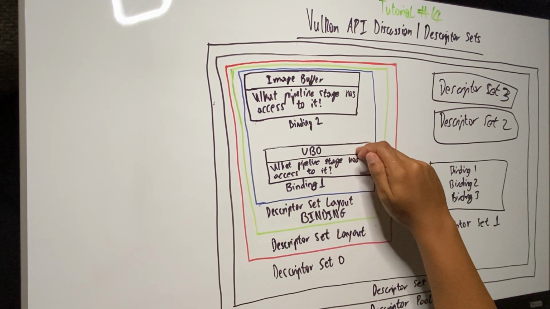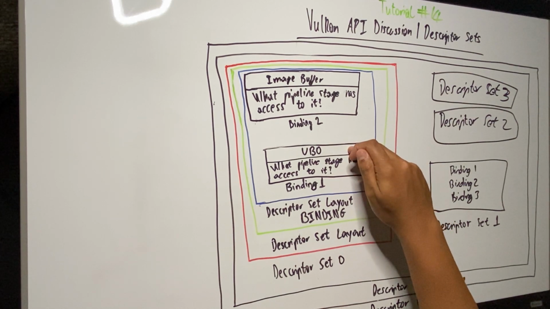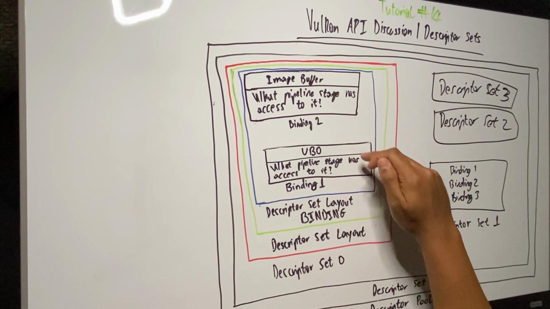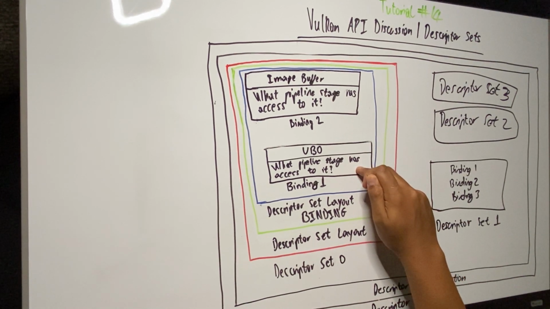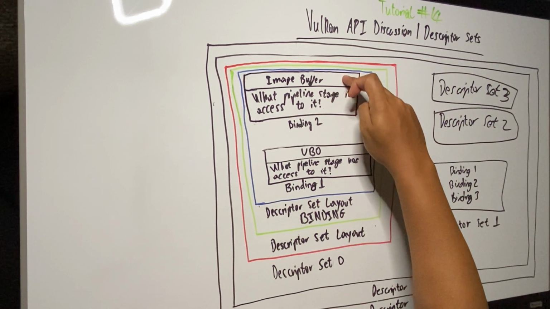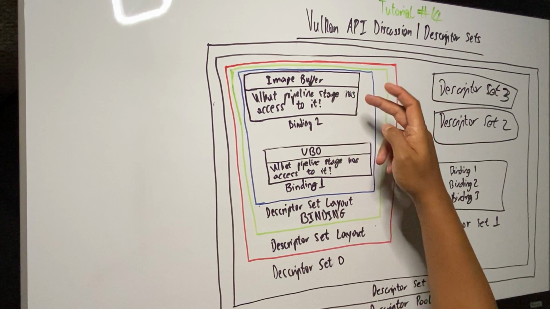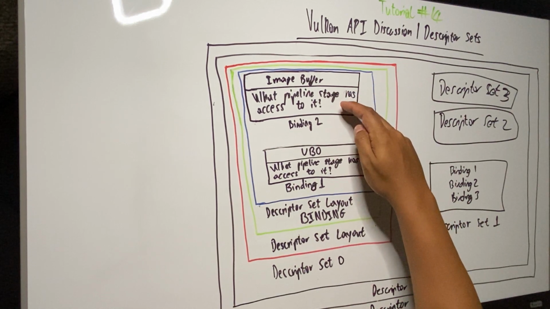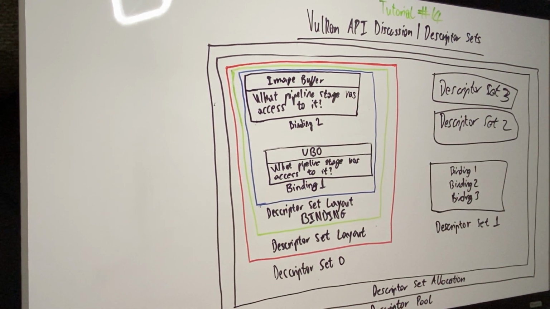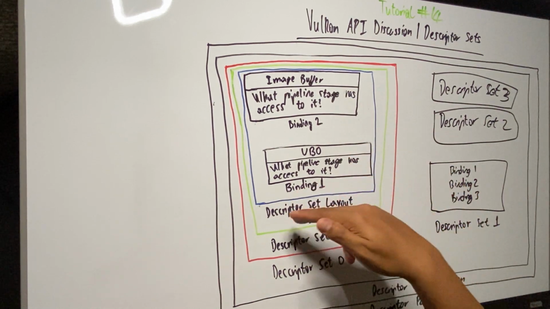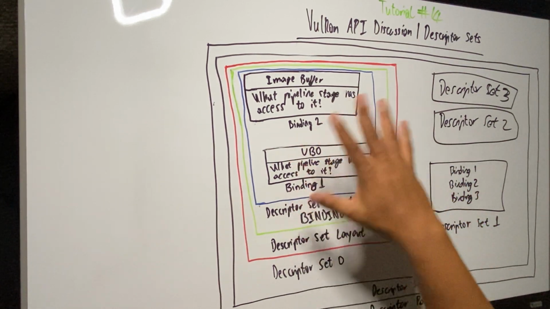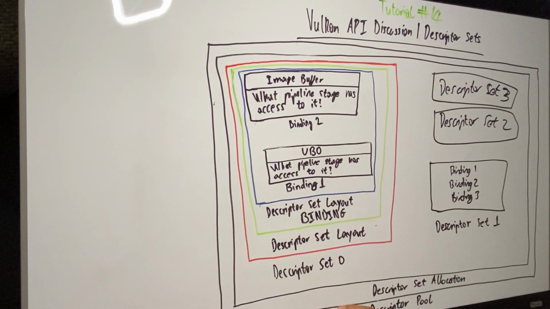You tell Vulkan, okay, this is a UBO that I'll be accessing, and I define the pipeline stages that will have access to it. I'm defining an image buffer, an image I'm trying to access, and I define the pipeline stages that can access this image buffer. All the other pipeline stages are not allowed to access this resource, only the ones that you specify within the descriptor set layout, binding, and descriptor set conversation.